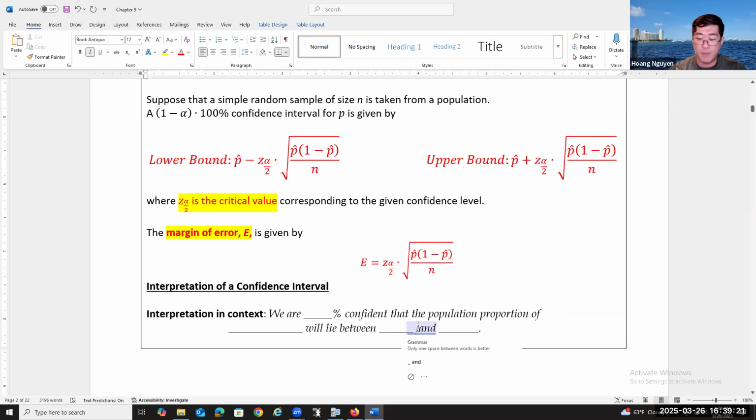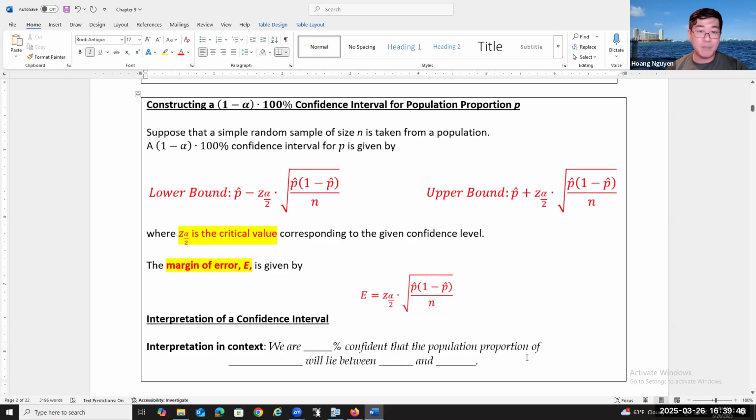For example, we are 99% confident that the proportion of people who are concerned about climate change will be between these two numbers. That's the way we interpret these confidence intervals.